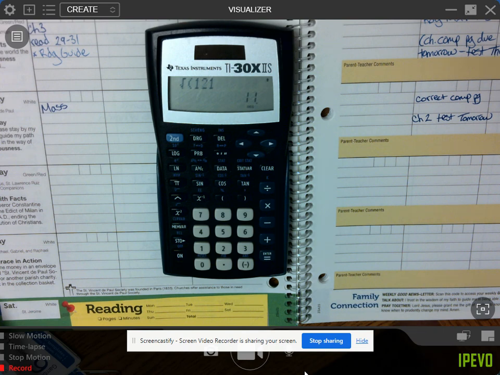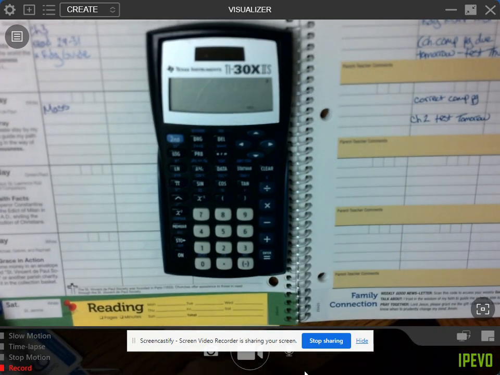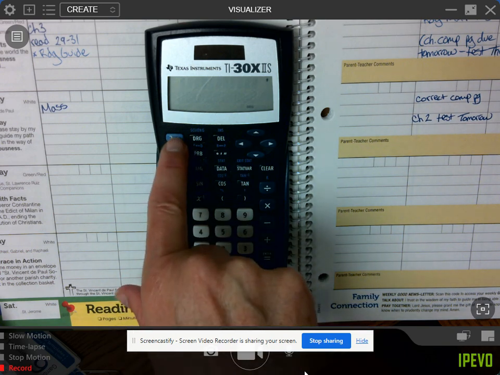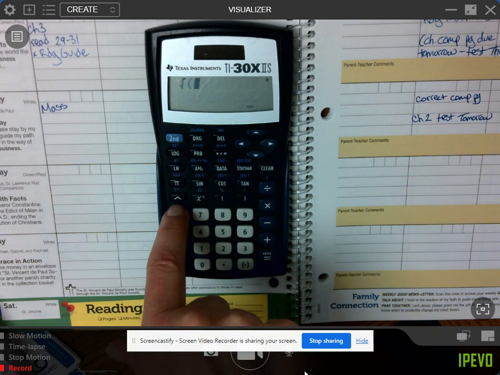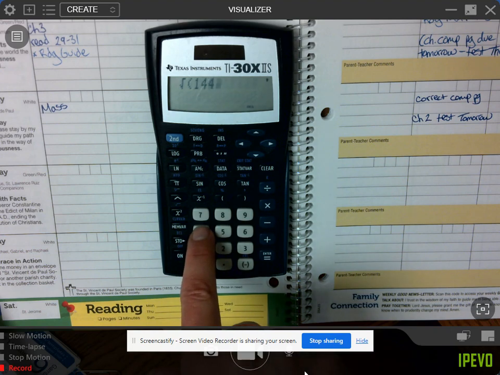Okay, so who can tell me, using their calculator, what is the square root of 144? Think about how we do that. We press the second button, then the x squared, because we want what is right on top of it, and then enter 144.